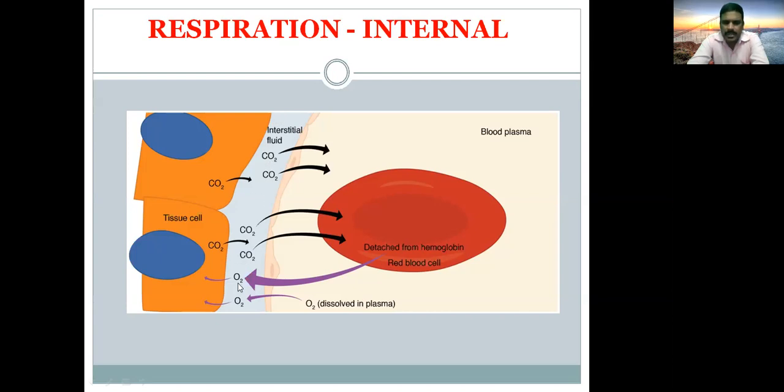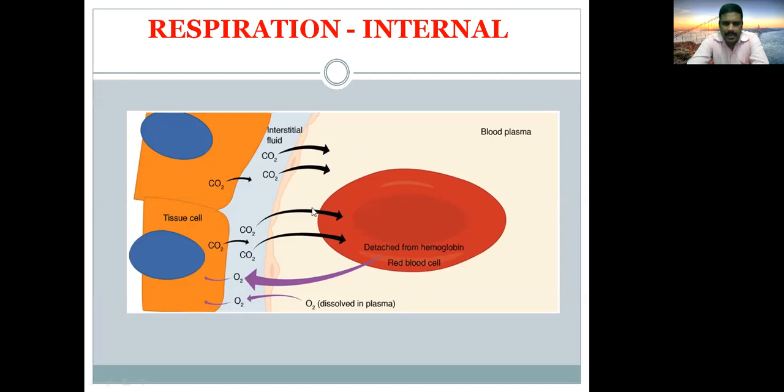So into the interstitial fluid, RBC will transport oxygen. Again, oxygen enters into the cells. And in return, what happens? Carbon dioxide enters from the cells into the interstitial fluid, and from the interstitial fluid, carbon dioxide enters into the plasma.